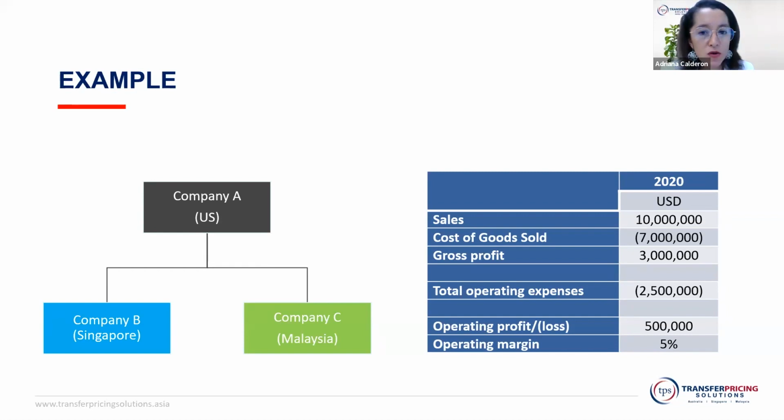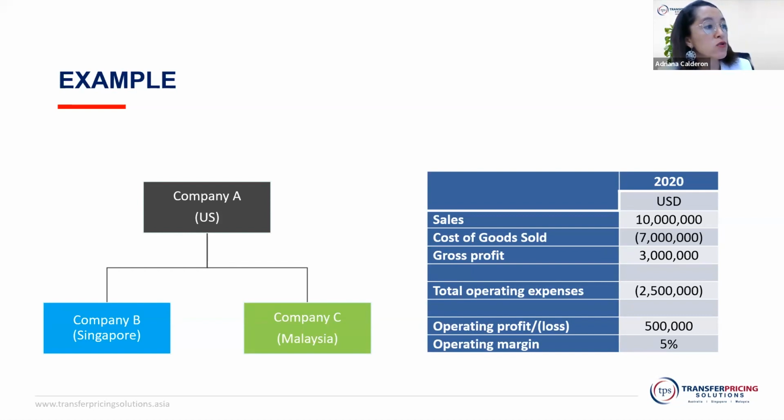So if I was going to use the TNMM, I would first have to explain who the tested party is. I come back to the principles: is it possible? Is there reliable data to do so? Are they not highly integrated? And is there no co-contribution?